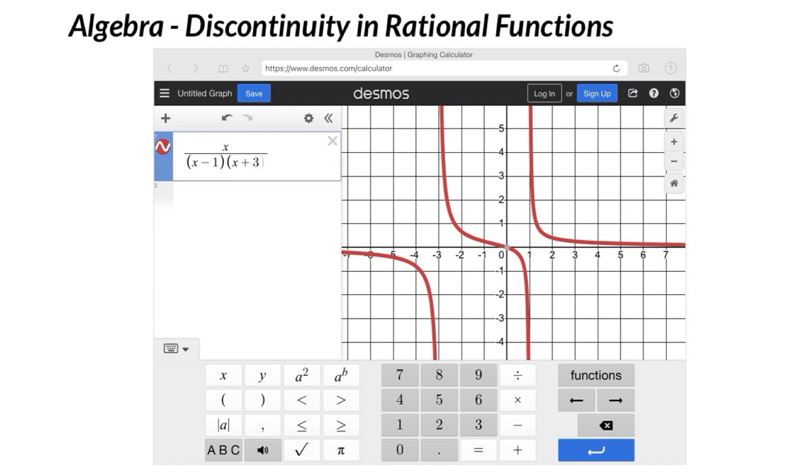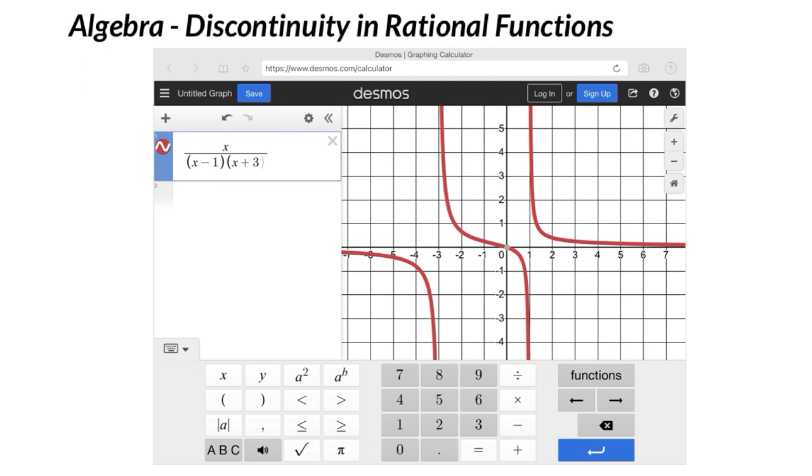So now I have two vertical asymptotes. I have one at positive 1, because if I evaluate, 1 minus 1 would be 0. And I have another at negative 3, because negative 3 plus 3 would be 0. So these asymptotes, these discontinuities, happen anytime I'm dividing by 0, any x value that would cause that to happen.